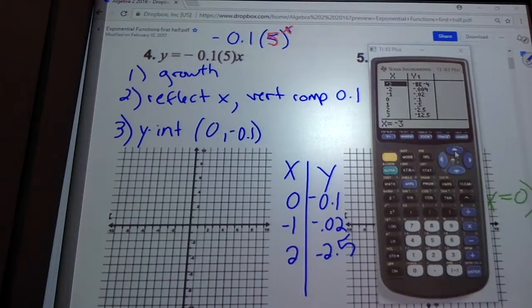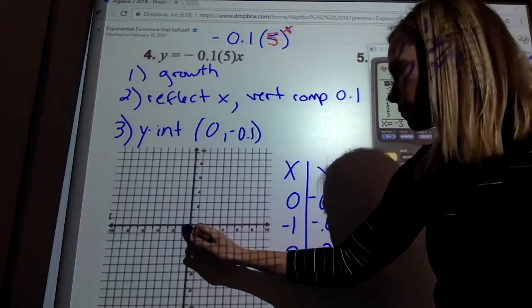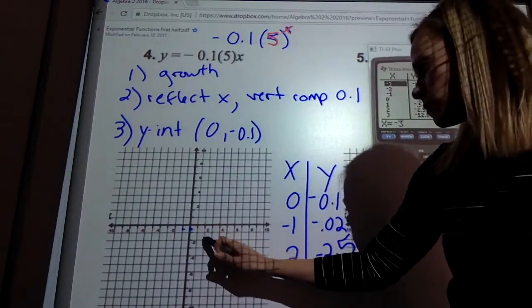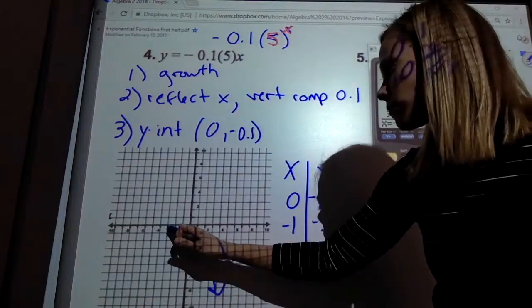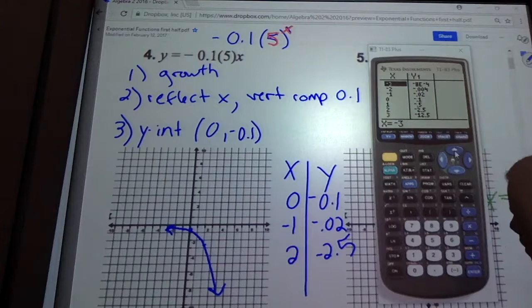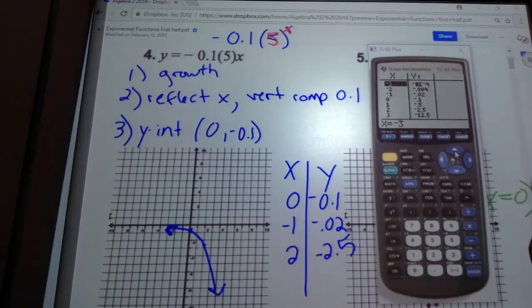There's 3 points that are pretty good, and I graph those. And yes, there are arrows on both ends of that graph.